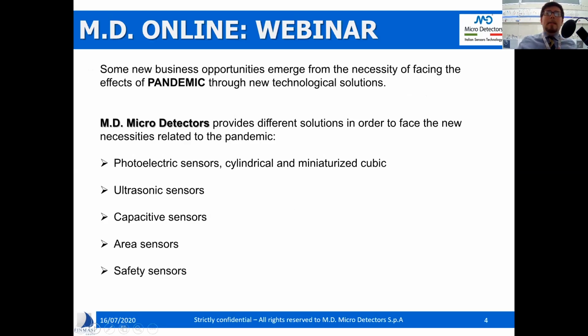But the other side of the medal, as I said before, is represented by these new technological applications needed to better manage this dramatic situation. And MD Microdetectors, thanks to its wide product range, can answer in the right way.